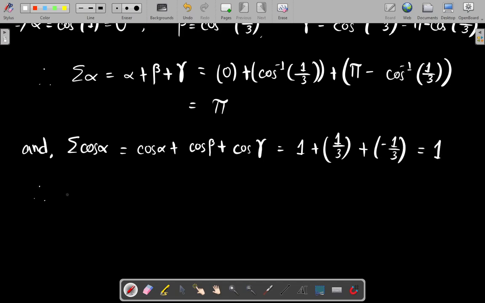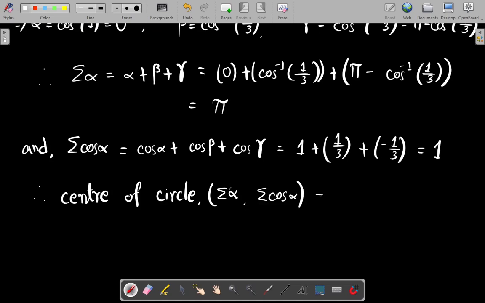So therefore the center of the circle, which was given to be summation alpha comma summation cos alpha, sorry, I've written summation pi here, my mistake, is equal to pi comma 1.